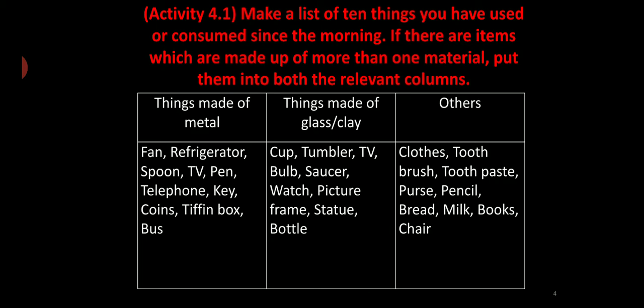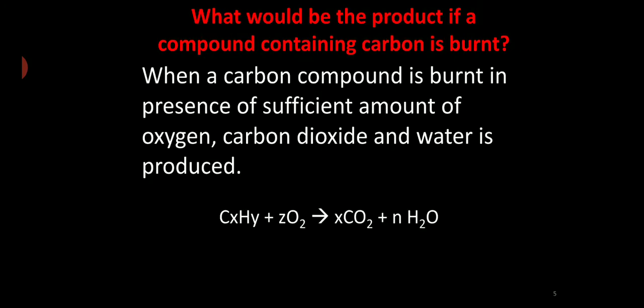So you can see here almost all the objects in our surroundings consist of carbon. Now can you think of a method to test this? What would be the product if a compound containing carbon is burnt?